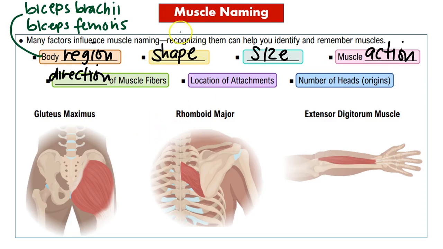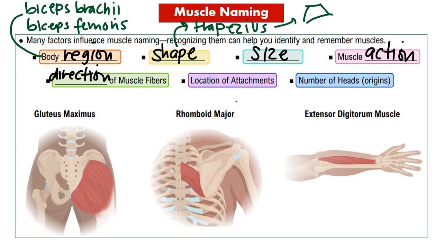Now let's get into shape. Shapes are just like the shapes we learned, circles, squares, right? But for us, we're going to upgrade that a little bit. So we know things like the trapezius muscle, so named because it looks like a trapezoid. It doesn't look exactly like a trapezoid, let's be honest, but it looks similar.